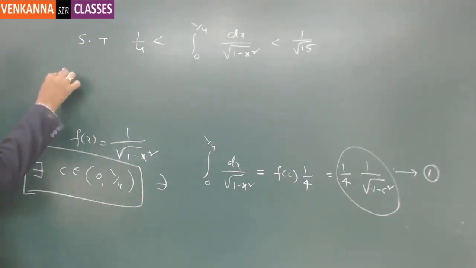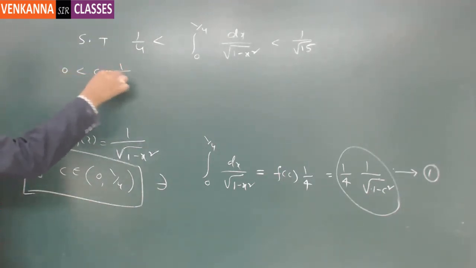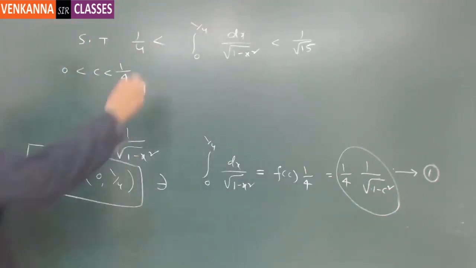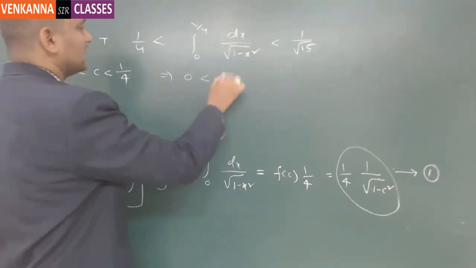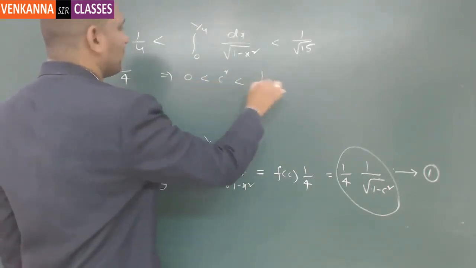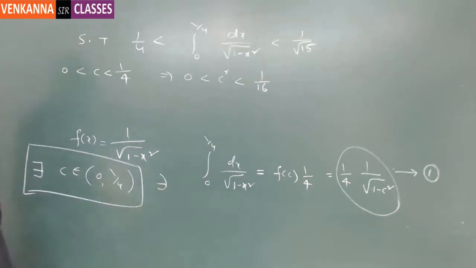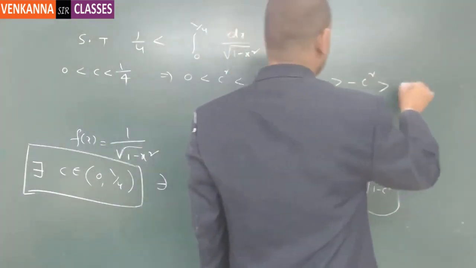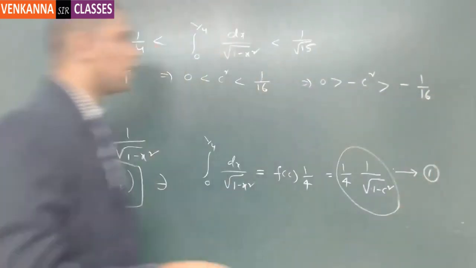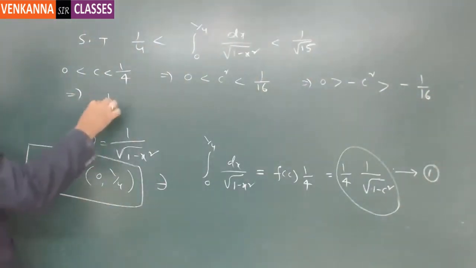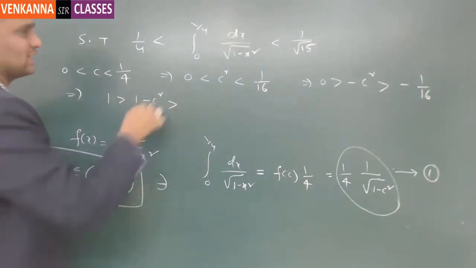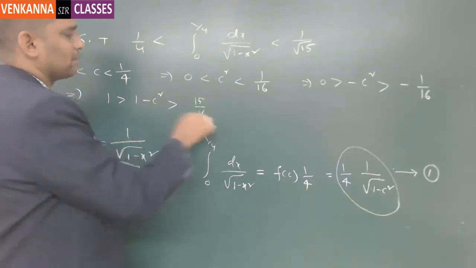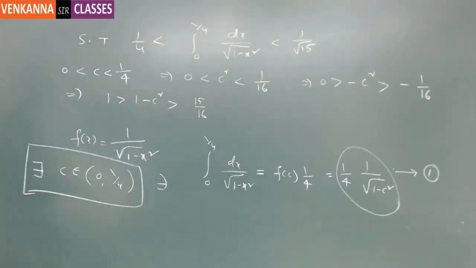We have 0 less than c less than 1 by 4. Since we have c square, take square on both sides. So 0 less than c square less than 1 by 16. Minus is there, consider minus. So 0 is greater than minus c square is greater than minus 1 by 16. You have 1 there. So 1 greater than 1 minus c square is greater than 1 minus 1 by 16, nothing but 15 by 16.